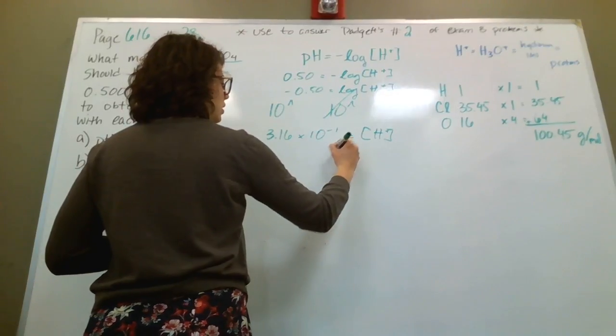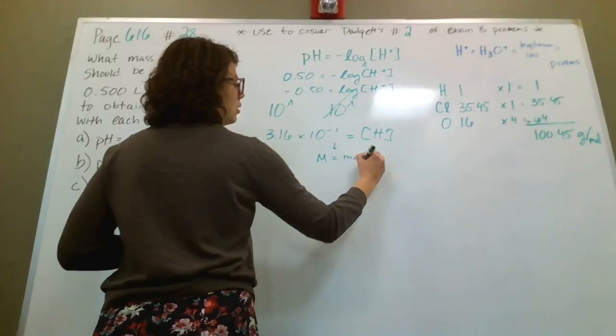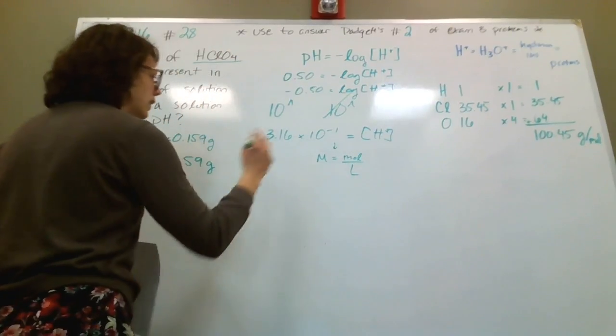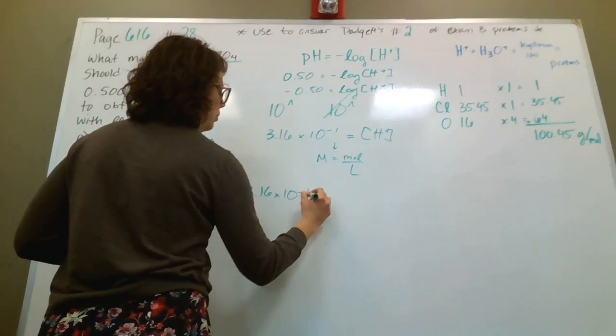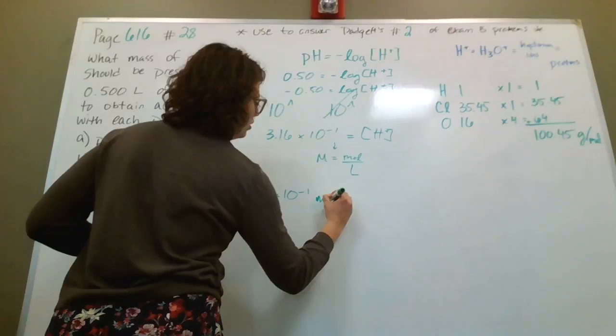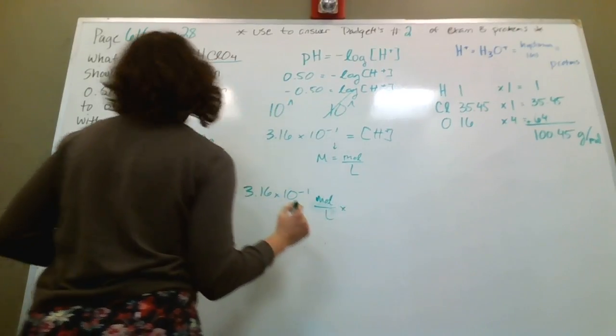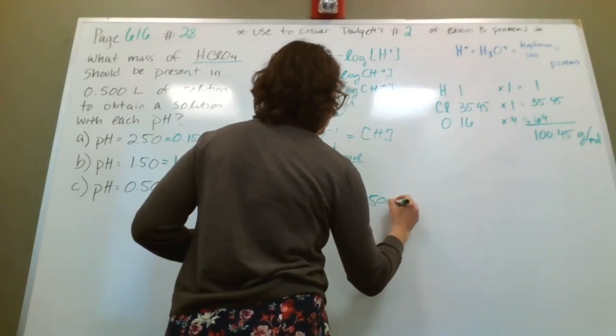This is in molar, which is moles per liter. So I can multiply it by the liters in the problem. Let me actually put my units in there. My liters in the problem, 0.5, so that's 0.500 liters.